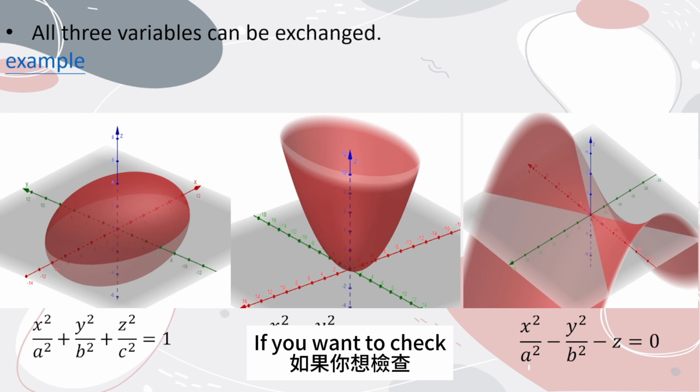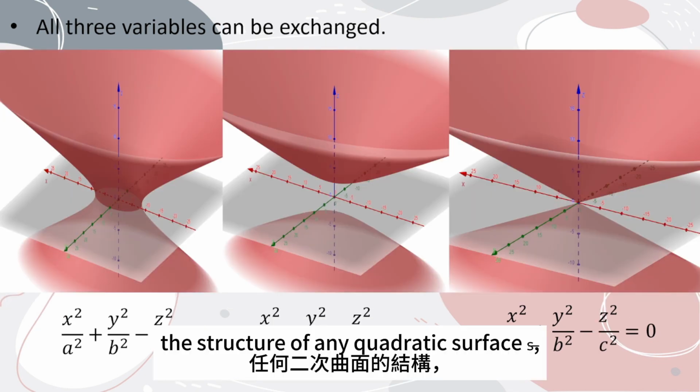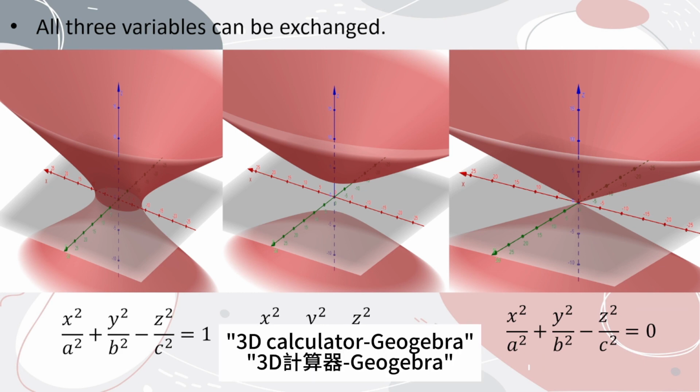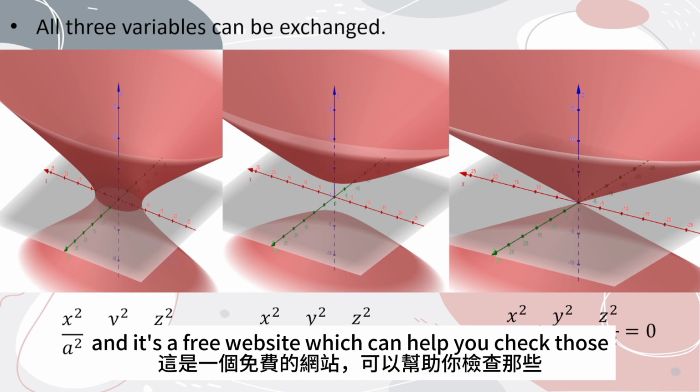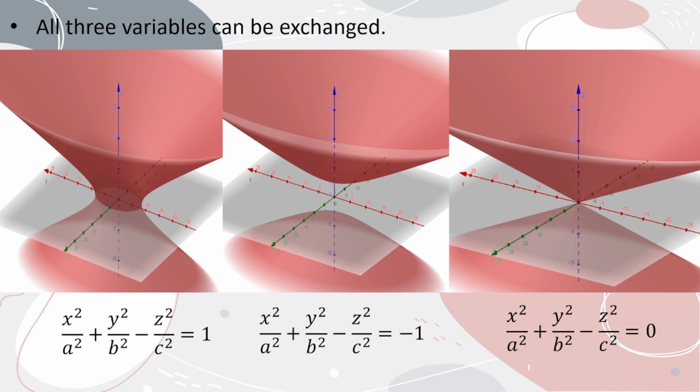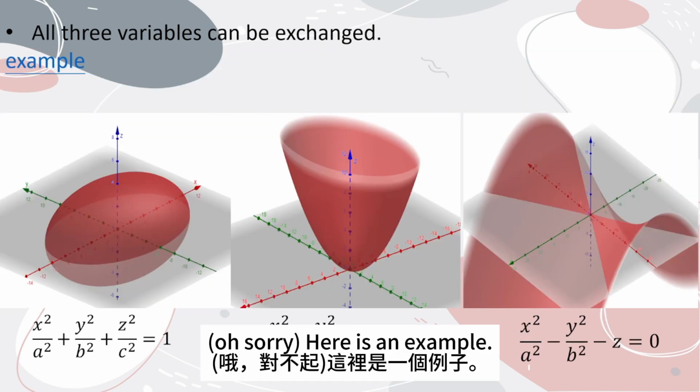If you want to check the structure of any quadratic surface, you can search for 3D Calculator GeoGebra, a free website which can help you check those quadratic surface graphics. Here is an example.